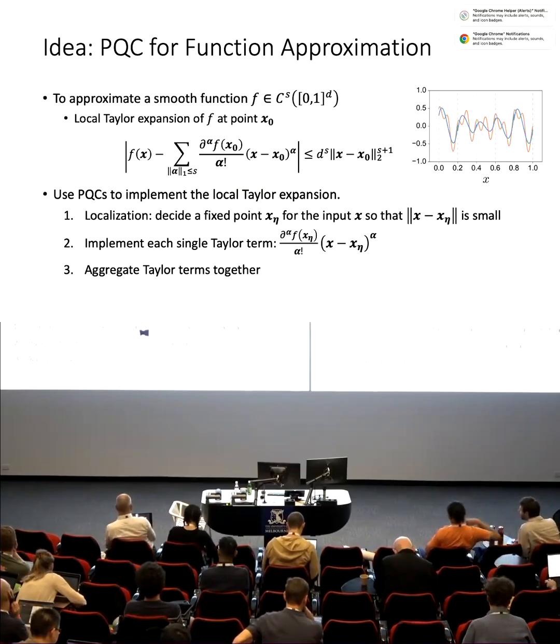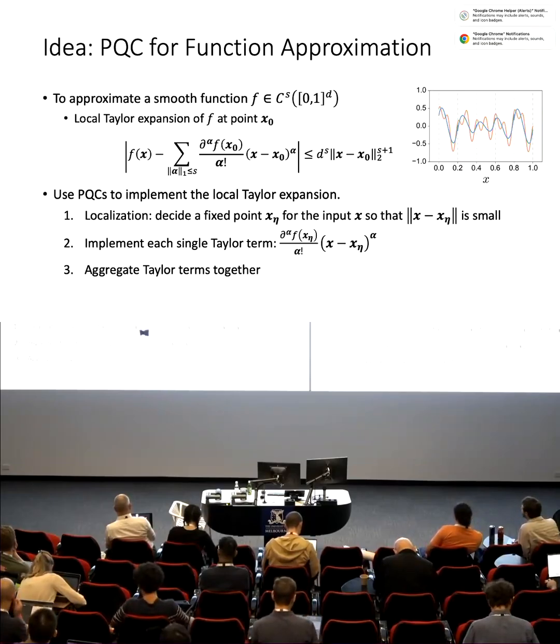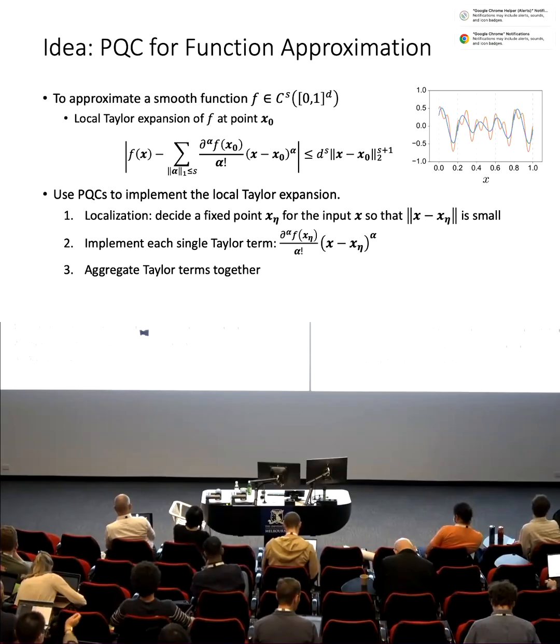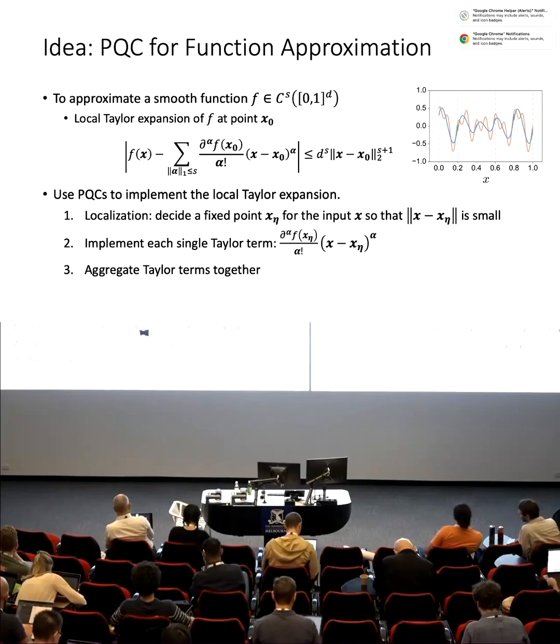The localization is to decide the fixed point for the input x, so that for any of the inputs in that region, we can guarantee that the fixed point is always close to the input x. And then we implement each single Taylor term, and then we aggregate the Taylor terms together to have this local Taylor expansion implemented.